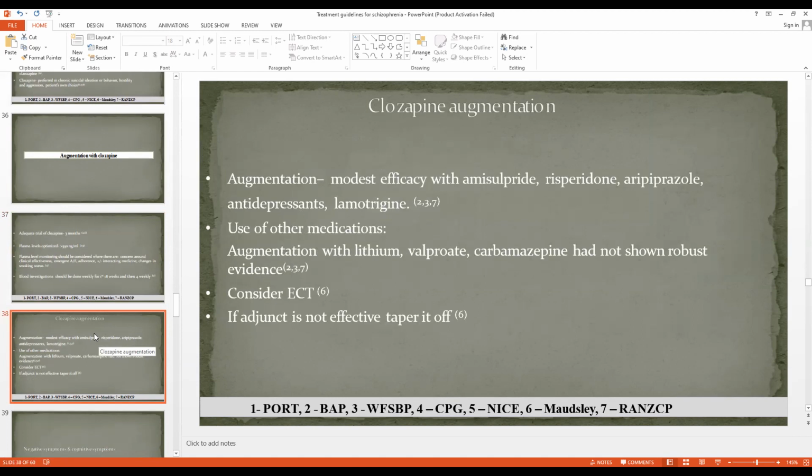But I think the very important message this presentation gives is that no antipsychotic differs from another as far as efficacy is concerned. The only difference is in the side effect profile. So in the exams, when asked what antipsychotic you will give, you have to look at the side effect profile and the patient's profile, and then comment on the group.